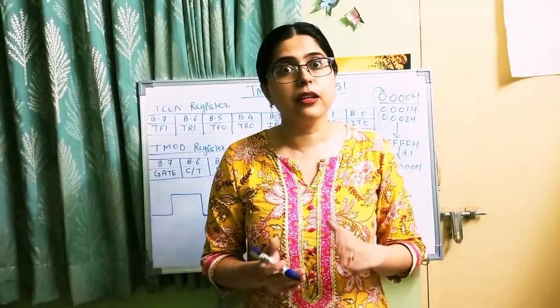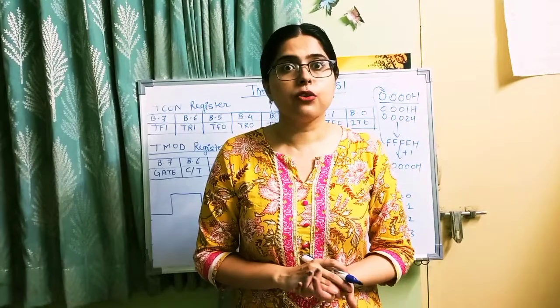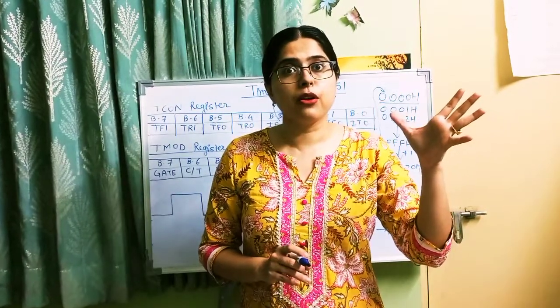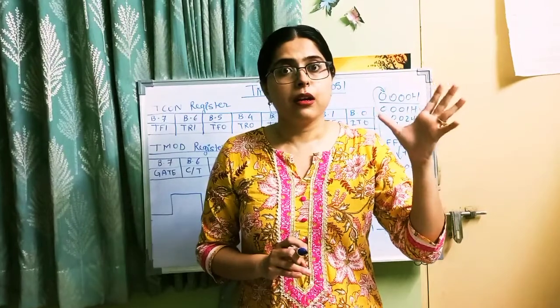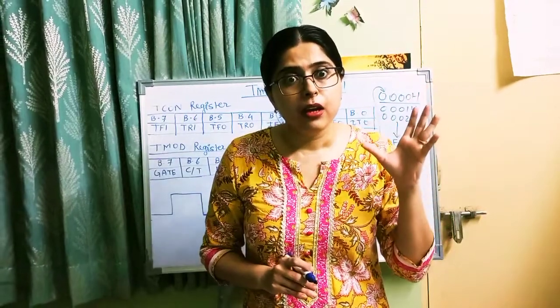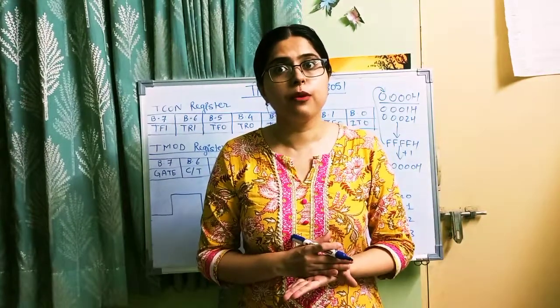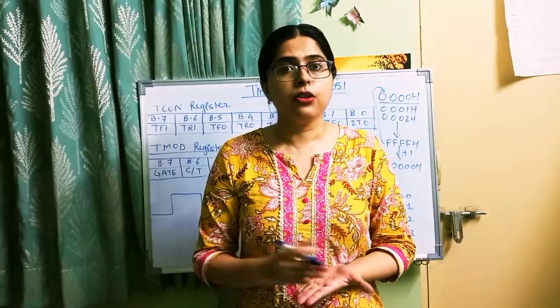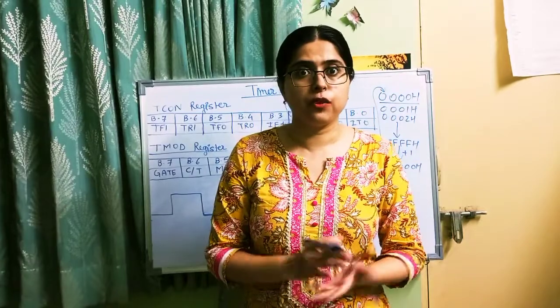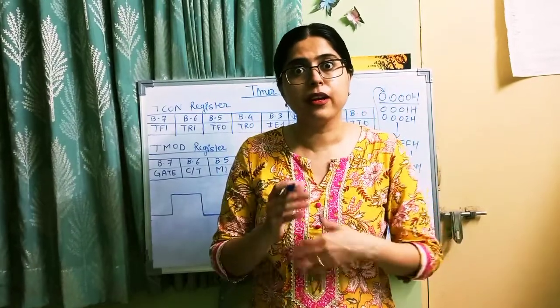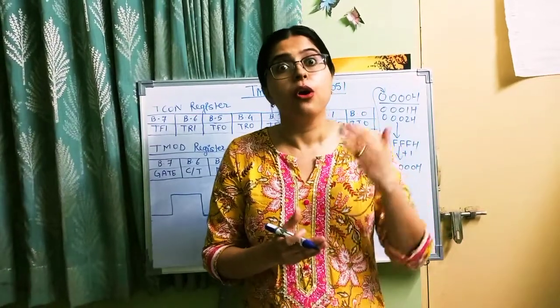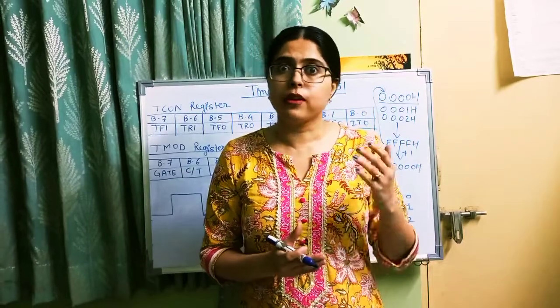And the second condition is that the timer run control bit corresponding to that timer has to be 1. So TR has to be 1 and INT0 or INT1 has to be logic 1. If these two conditions are satisfied, then timer 0 or counter 0, or timer 1 or counter 1, is enabled.